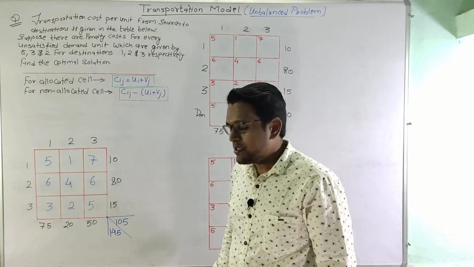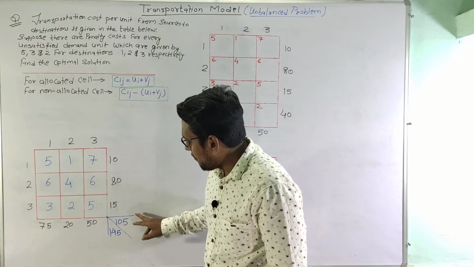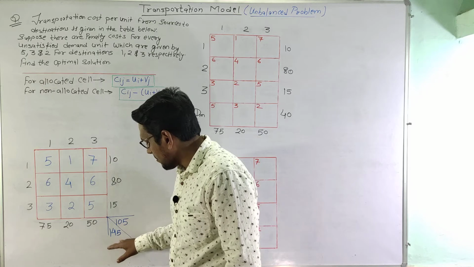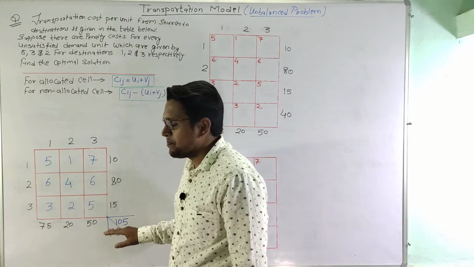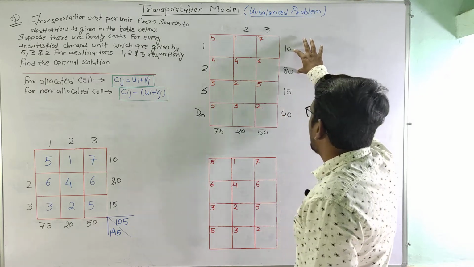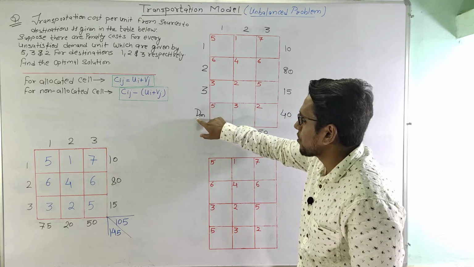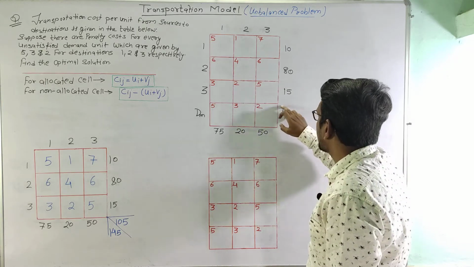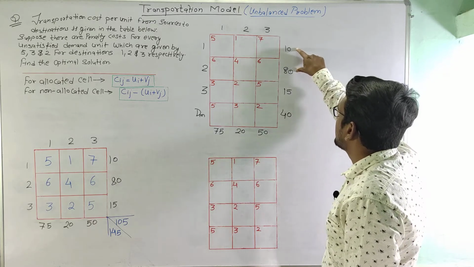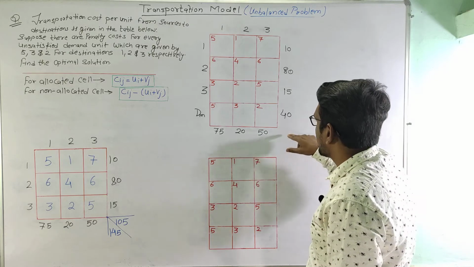So what we will do is we will add a dummy row of supply 40 so that our total supply will be equal to total demand. So here I have written these 3 supplies and this is our dummy row which has the supply of 40. Now if we calculate the total supply, this is coming as 145 and this is also coming as 145.